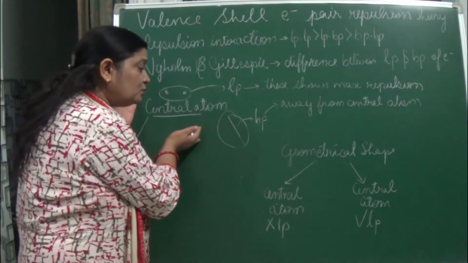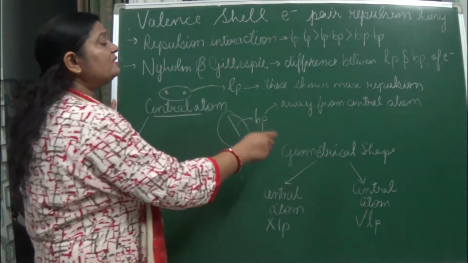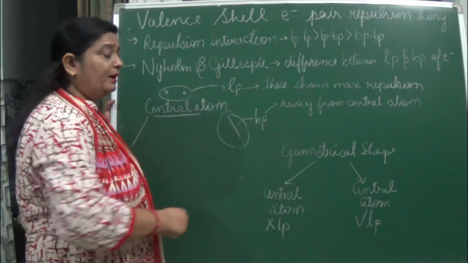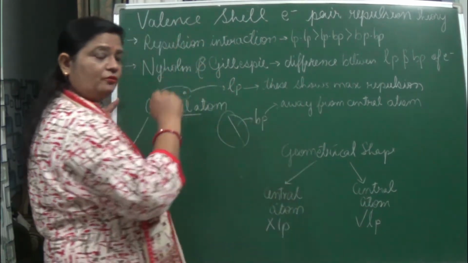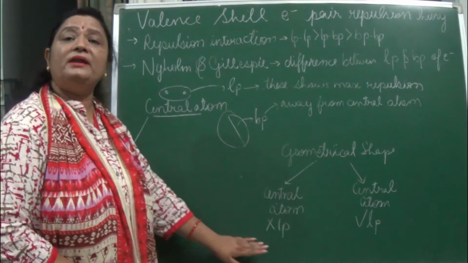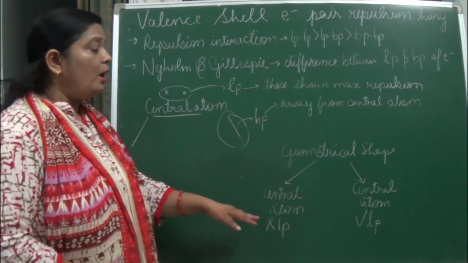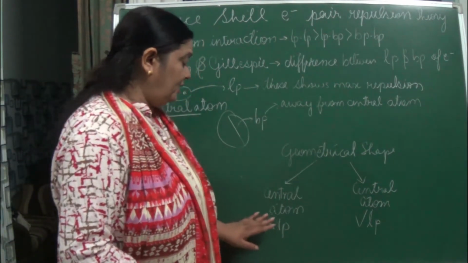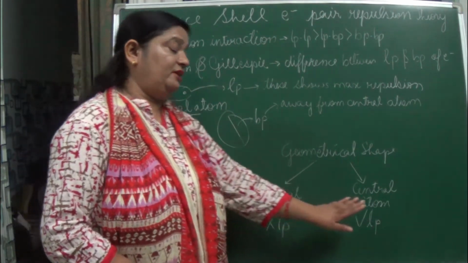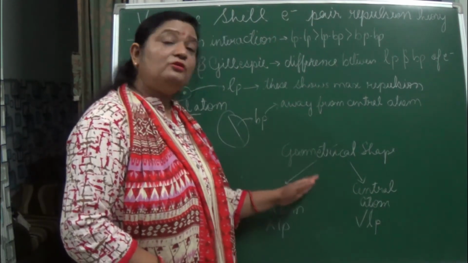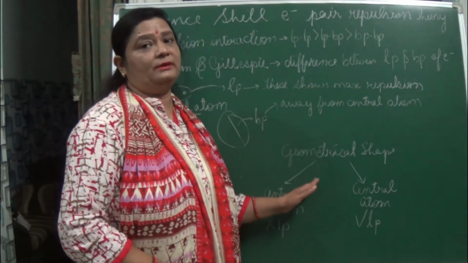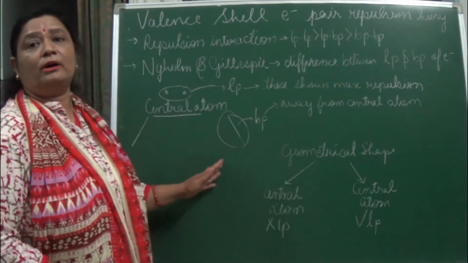So according to this, the geometrical shape can be given by the central atom in two forms, whether the lone pair electrons are present or they are not present. If it is present, yes, it will affect the geometrical shape of that molecule or compound.